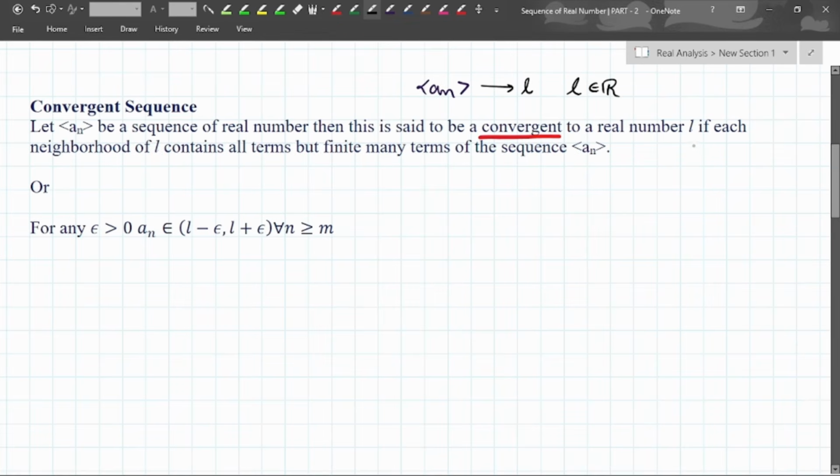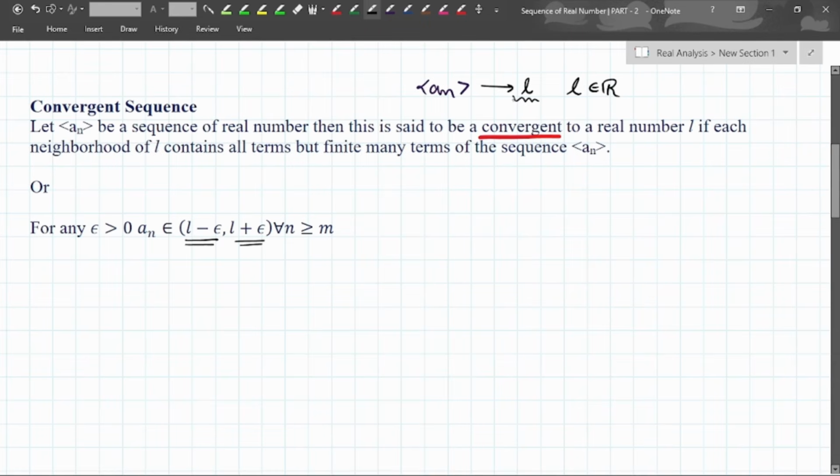If each neighborhood of L, meaning L minus epsilon to L plus epsilon, contains all the terms, or we can say all but finitely many terms of the sequence, then we say my sequence is converging to that particular L, and the sequence is known as a convergent sequence.